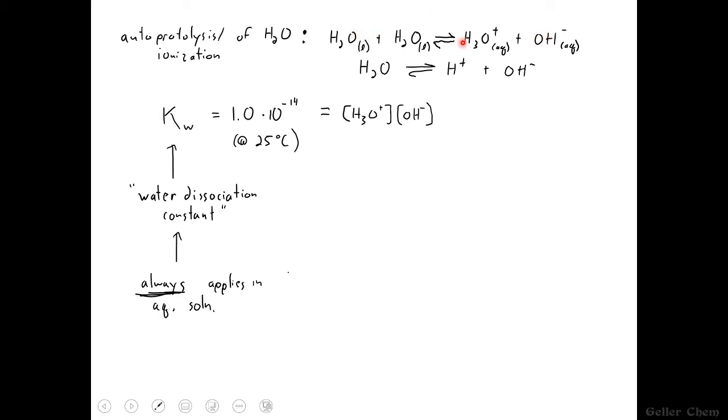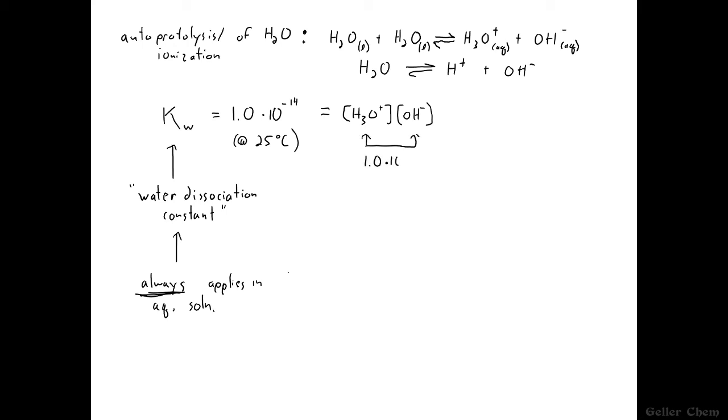Now, because everything here is 1-to-1, we can see that if the only reaction that's occurring is water reacting with itself to form these two species here, we will form equal concentrations of both of these. And so these two values should be equal and multiply together to give 1.0 times 10 to the minus 14. And those numbers would be 1.0 times 10 to the minus 7.